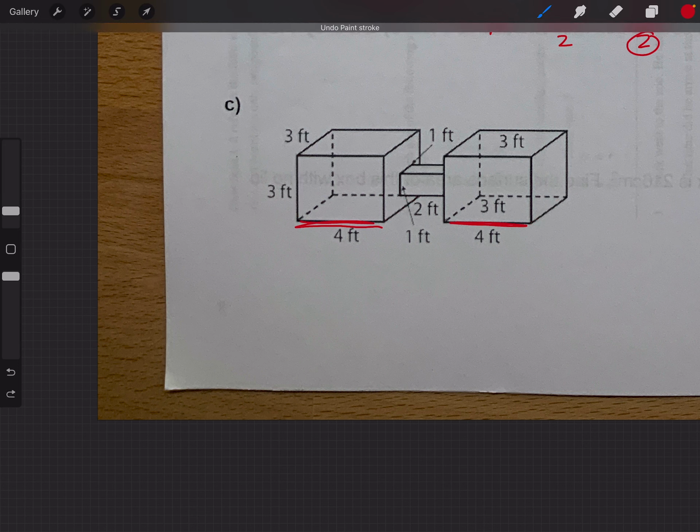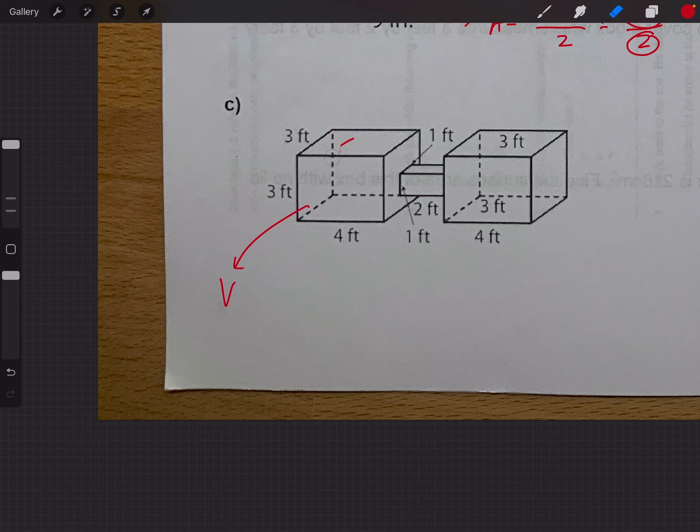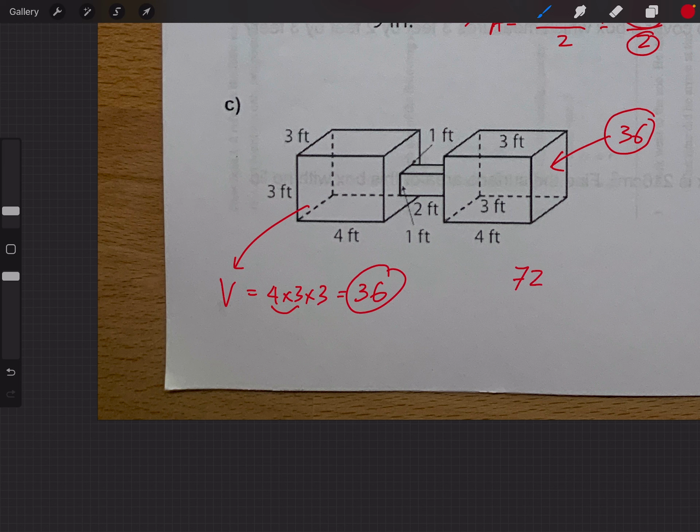So the volume of this first piece will be 4 times 3 times 3. 4 times 3 is 12, 12 times 3 is 36. That's the volume of that piece. The second piece is the same, so that should also be 36. Together, 36 plus 36 is 72.